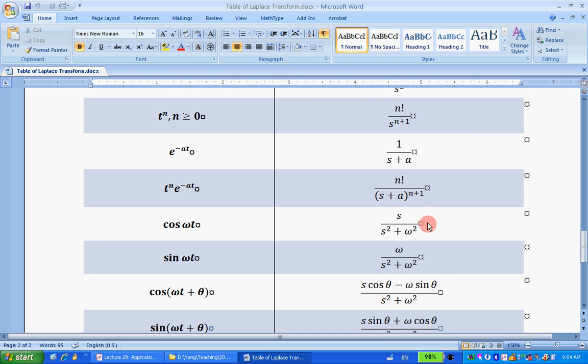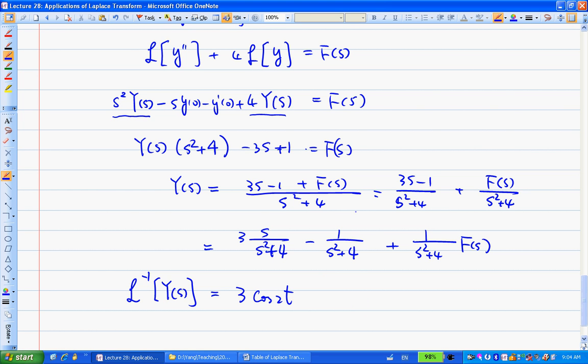Now let's go back here. We have omega over s squared plus omega squared, right? But this is not 1 in here. So maybe I'll do this: I'll put a 2 here, but then I have to divide by 2 here, right? Now this chunk is 2 over s squared plus 2 squared. So what's the inverse Laplace of this one? That's sine 2t.